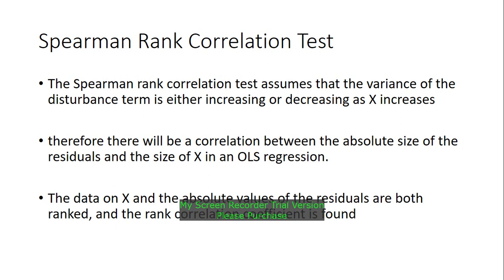The data on x and the absolute values of the residuals are both ranked, and the rank correlation coefficient is found. As the name Spearman rank says, we are supposed to rank. It looks at whether there exists a correlation between two variables, x and y. So it compares two variables.